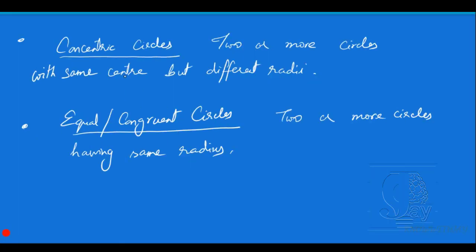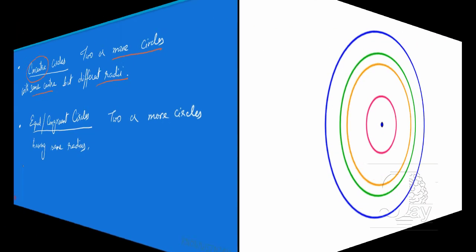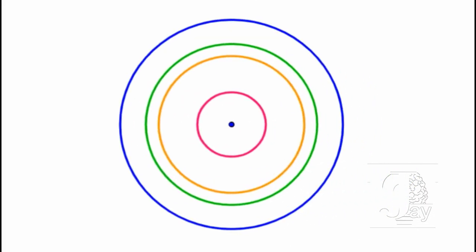Now what are concentric circles? It means when we have two or more than two circles which have same center but different radii, they are concentric circles. Here we can see four circles concentric with the same center.